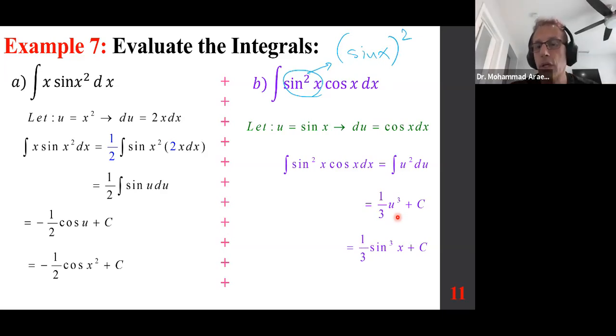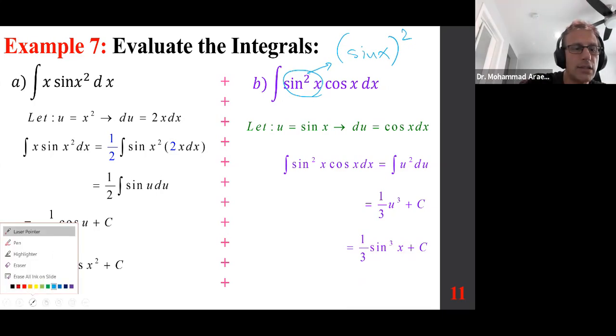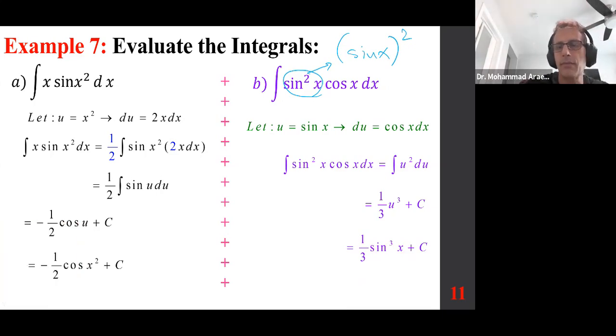Pay attention to the location of this. This is atop of sine, not x. In other words, this is the same as sine x to the third. They are both the same.